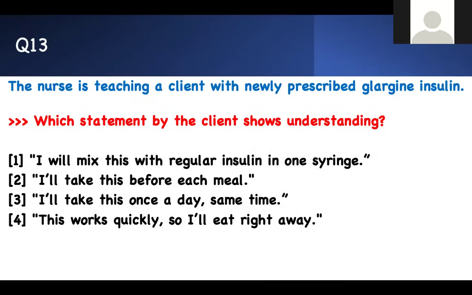You never mix it with anybody, right? It has no peak, and you take it once a day. Therefore, number 1, I see mixed, I take it away, right? It's long acting. You don't need to take it with a meal. You take it once a day. It's daily, and it does not work quickly. That's why you take it once a day. Therefore, 3 is the right answer.